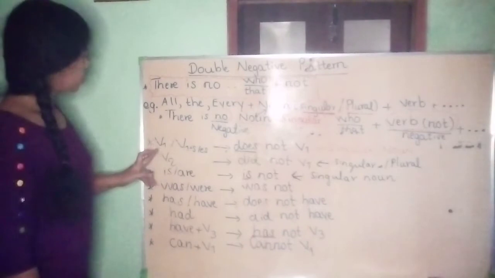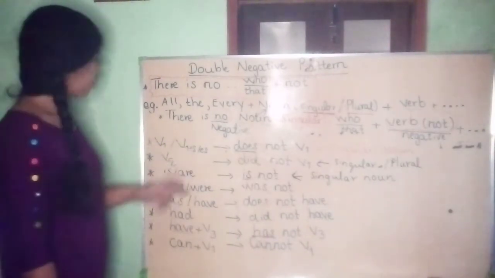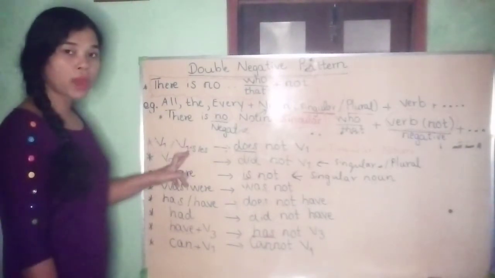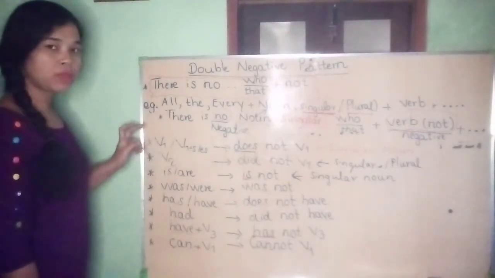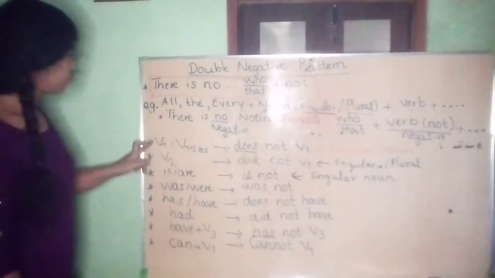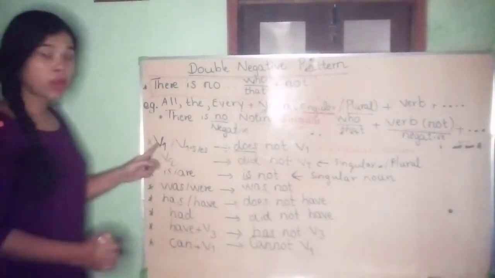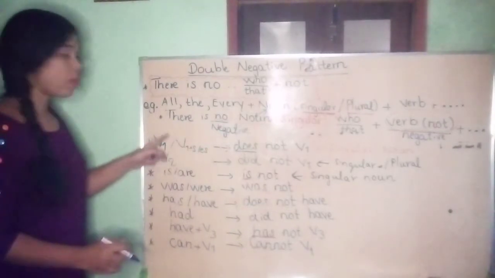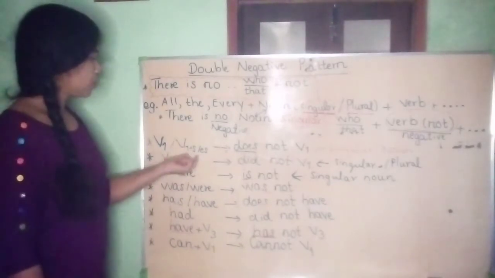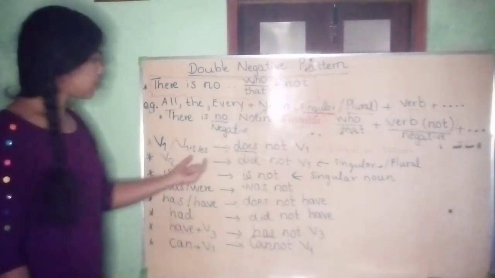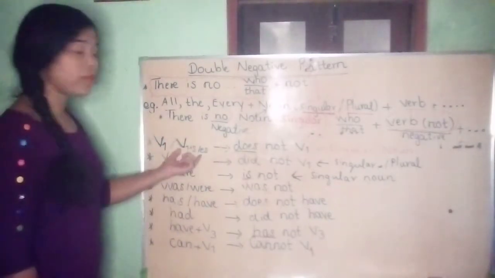If you see a present tense verb, verb 1, without s at the end of the verb, this is the present tense form. If you see s or es at the end of the verb, this verb is singular form.